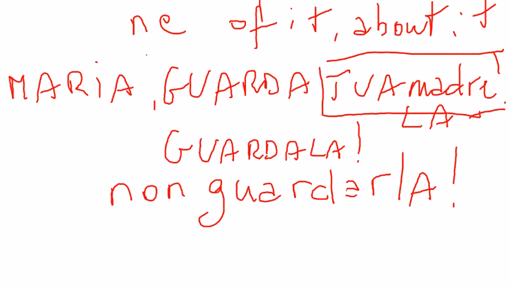Maria non guardarla. Maria guardala, Maria non guardarla. Of course, if I want to say Maria watch them, masculine, I would say Maria guardali or non guardarli. If I want to tell Maria watch me, I would say Maria guarda mi, guardami, because this time the direct object is me. Maria non guardarmi would be do not watch me, and so on and so forth.